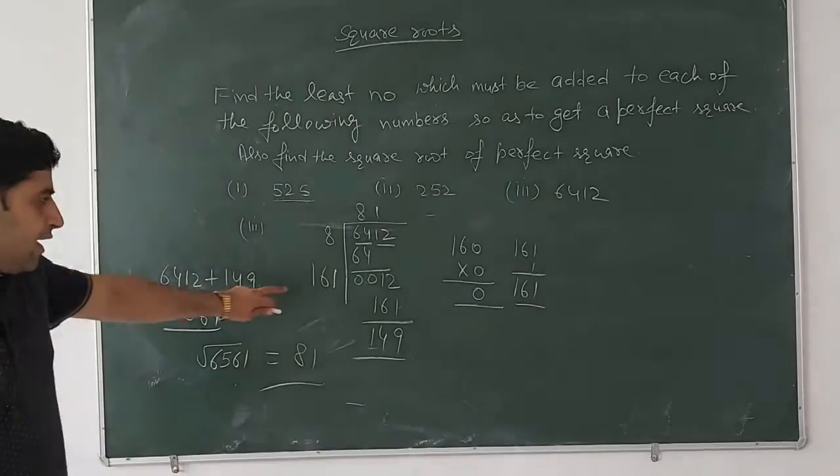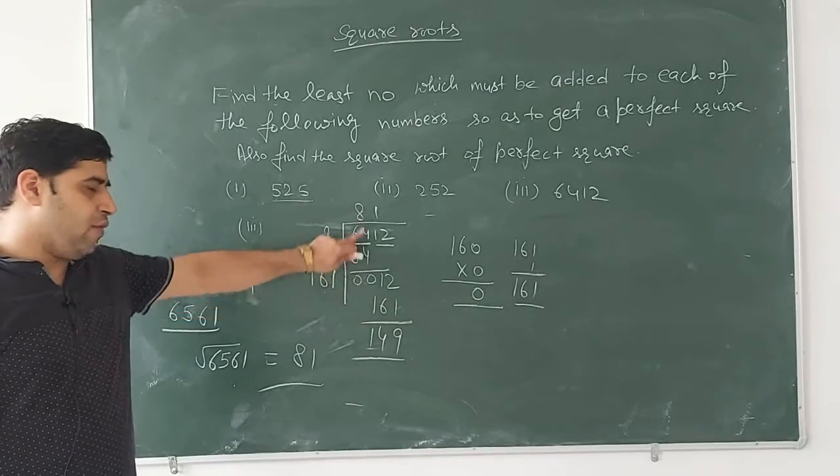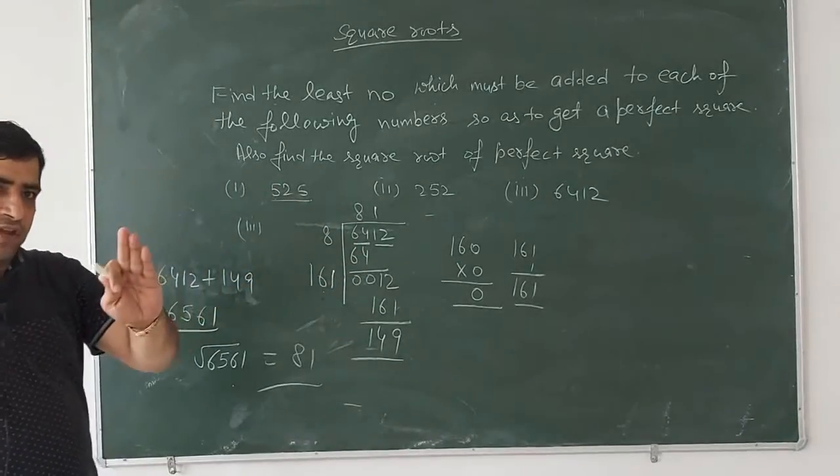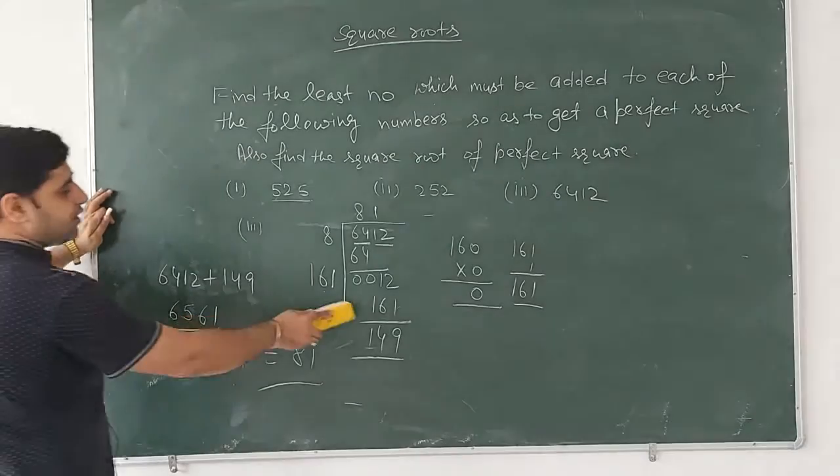Or we can write 0, then we have to subtract 12. If subtraction is asked, then we can write 0.